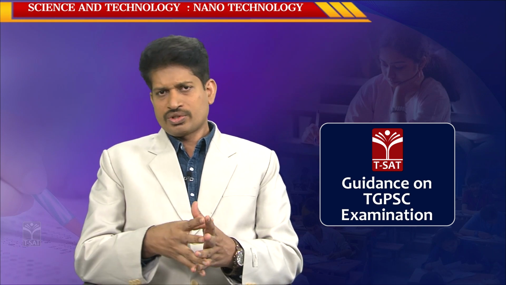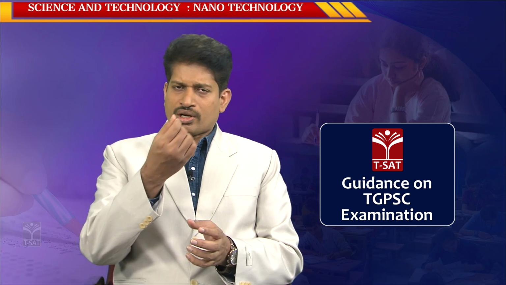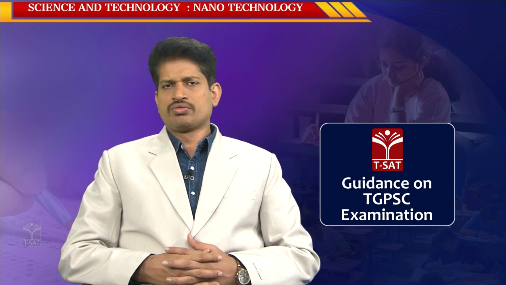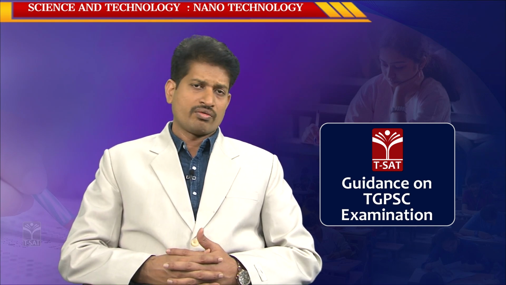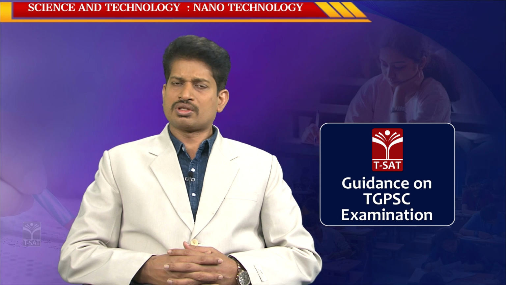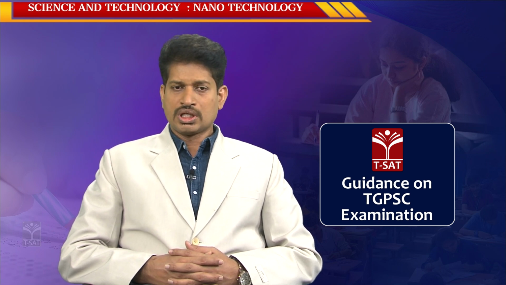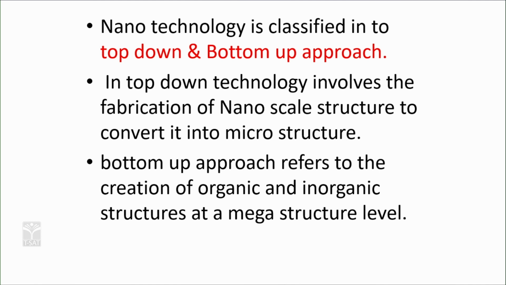The classic example which I have shown to you is a laser pill camera, which can be swallowed, and which will be able to make a video with first-hand information. The doctor will be able to diagnose the reason why an individual is suffering with certain problems or ulcers in the stomach. Bottom-up approach refers to the creation of organic and inorganic structures to a mega structure level.